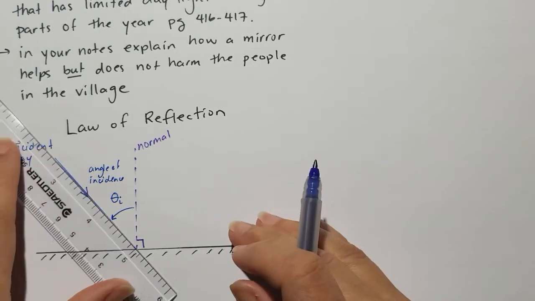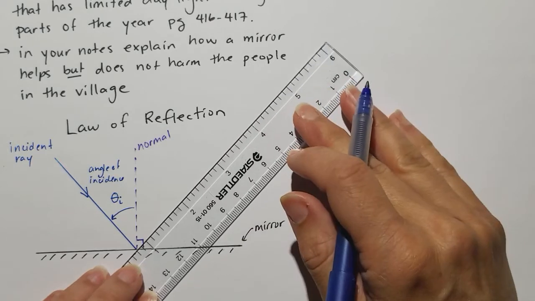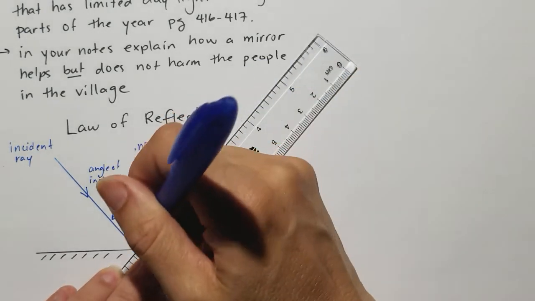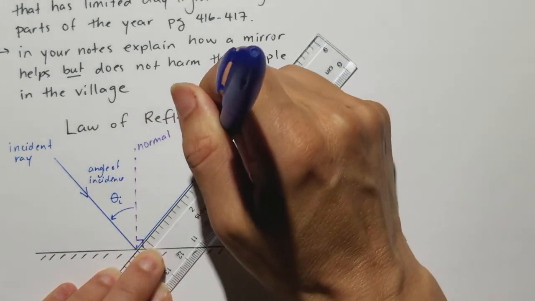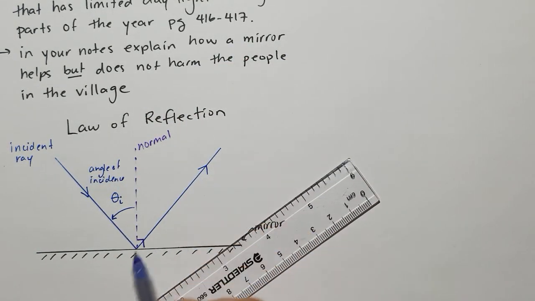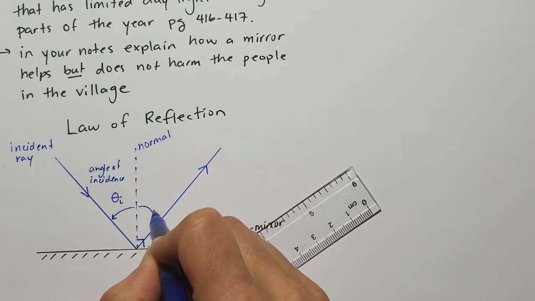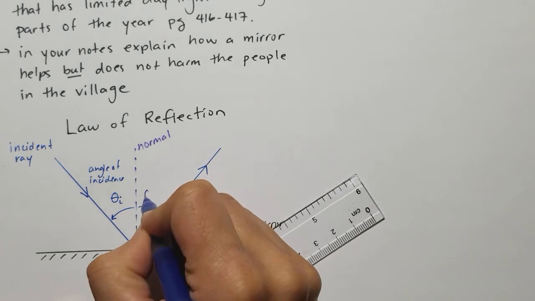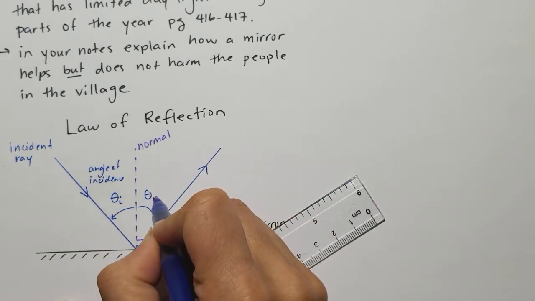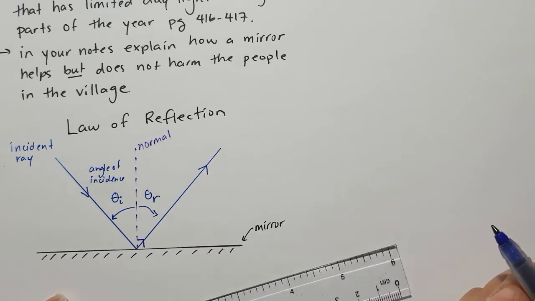Now, when that ray hits the surface, it reflects, and if I had a protractor here I'd do this exactly, but I could just eyeball it. It's going to bounce off just like a ball, and we indicate with the arrow that it's now going in this direction. So here, measured from the normal to the ray, is the angle of reflection, shown with a lowercase r in your textbook.